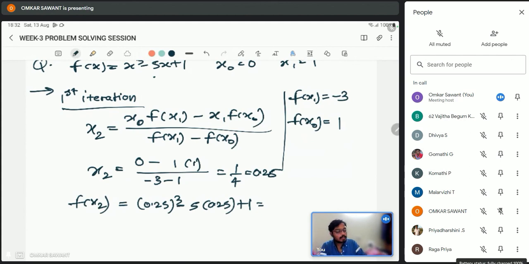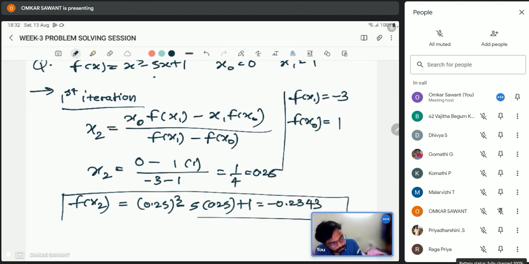What is the function value at 0.25? Minus 0.234. Correct. Okay, this is the first iteration.